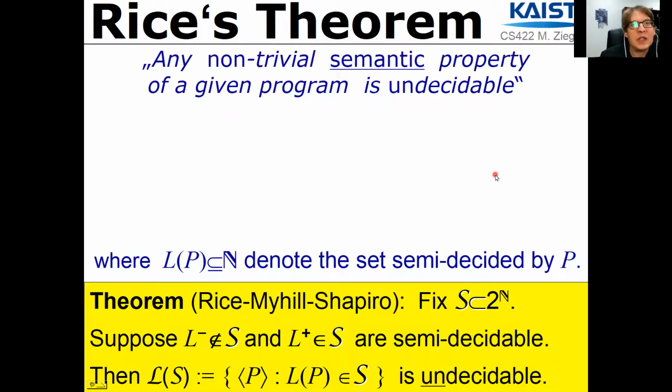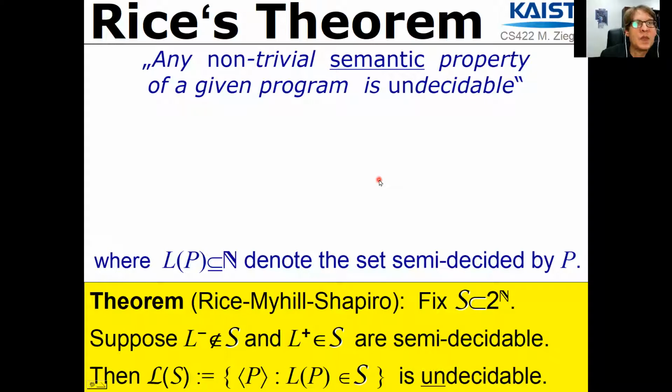Okay, so that's what we do here. And here, for your convenience, I've stated again in quotes the plain language interpretation of the Rice theorem: any non-trivial semantic property of a given program is undecidable. And non-trivial means that here, and semantic means that.